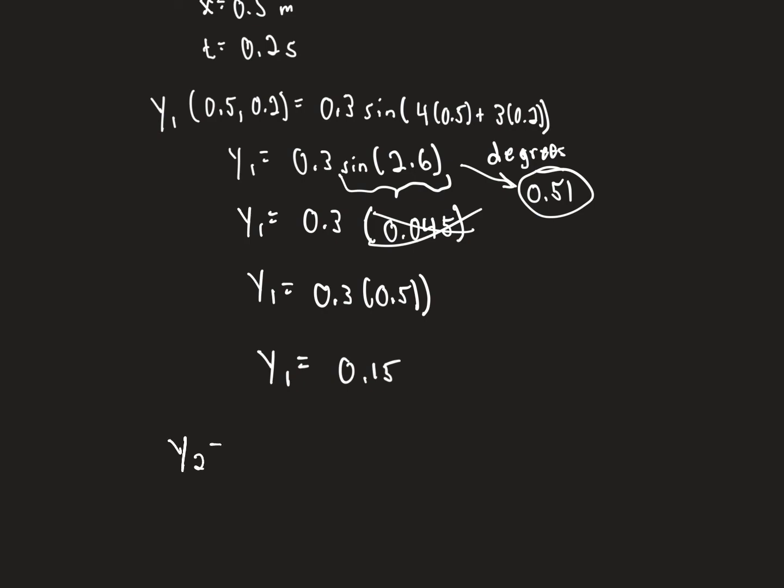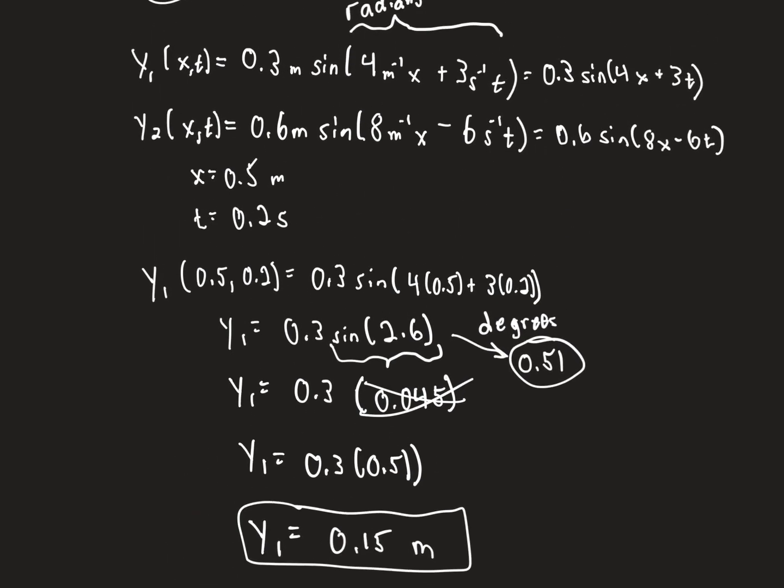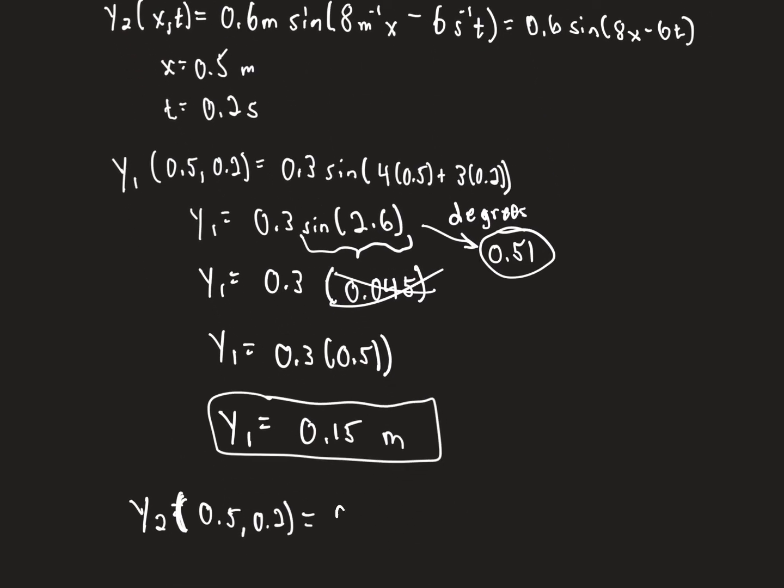Y2 of 0.5 and 0.2. What are the units of y? Y is a height. Meters. So y2, I'm going to do 0.6 times sine of 8 times 0.5 minus 6 times 0.2.